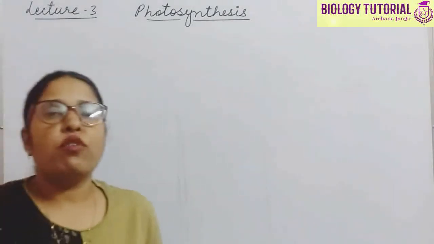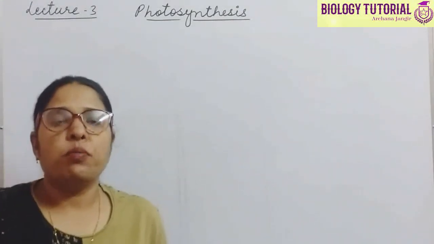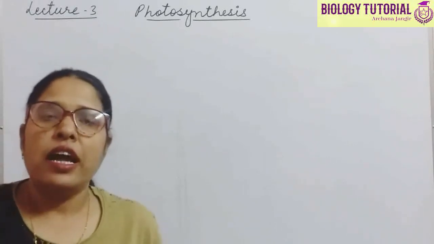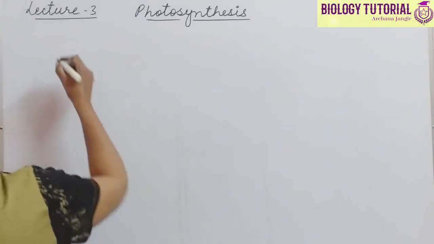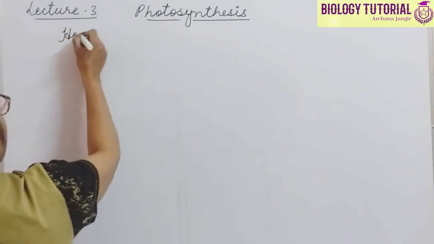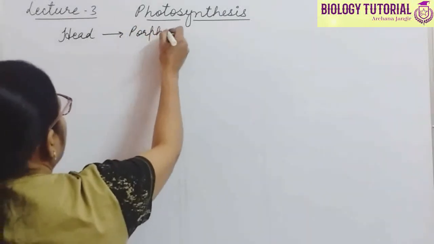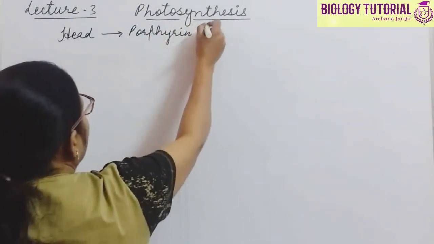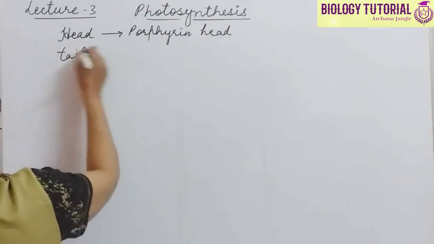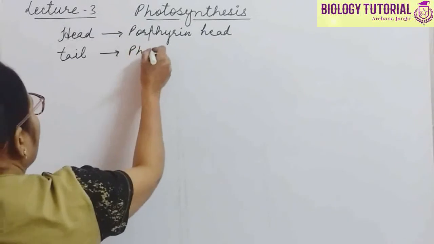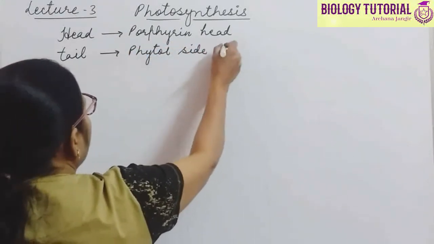In the structure of chlorophyll, the head, which is the porphyrin head, is present and a tail is present, which is called the phytol tail. So here the head is called the porphyrin head and the tail is called the phytol side chain or phytol tail.